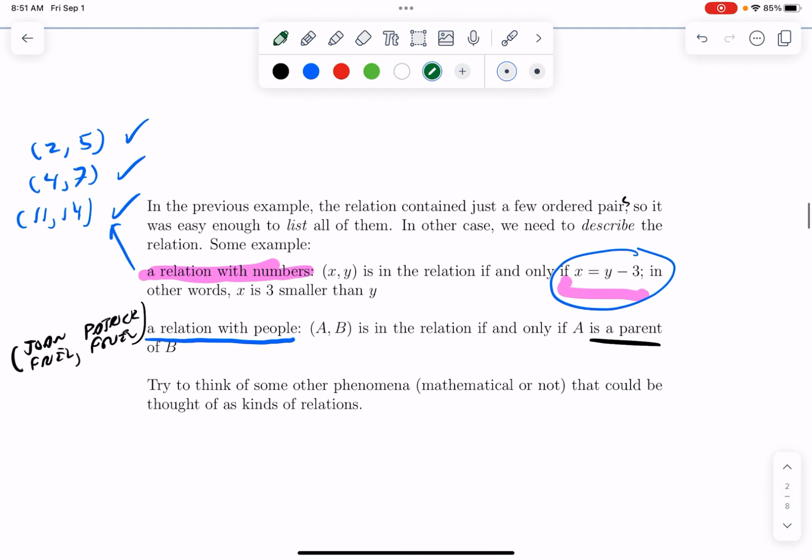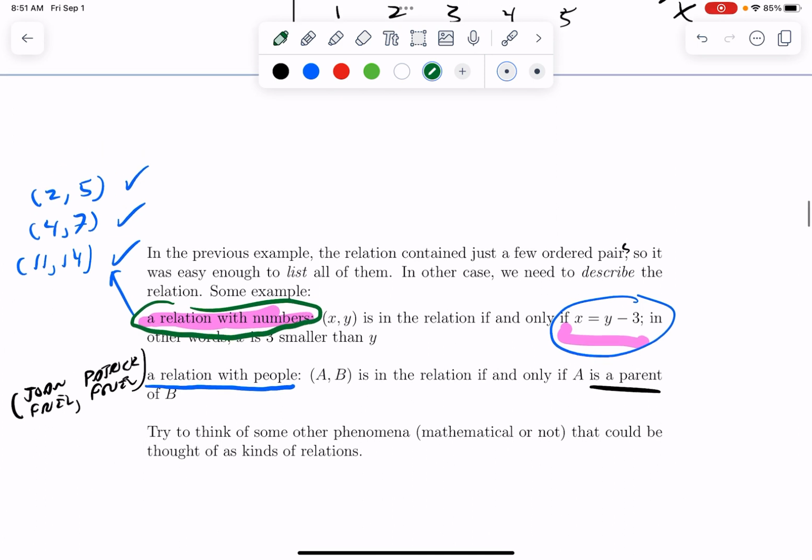For this example here, it's with numbers. X is y minus 3. Right? If you think about it, every single number could be the input. Whatever number you're thinking of, is that 3 less than some other number? Yeah. So anything could be in the domain. Every X is theoretically possible. We could just say the domain is all real numbers. Any number on the number line absolutely makes sense here.